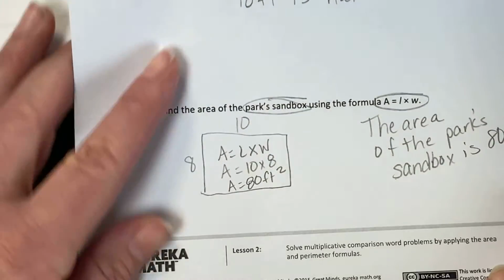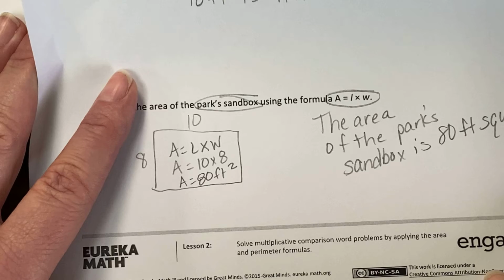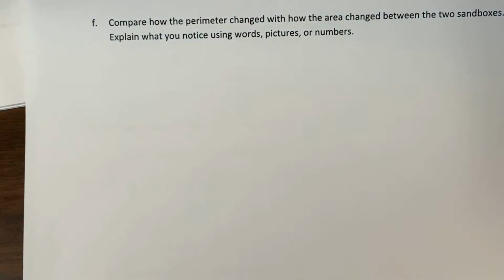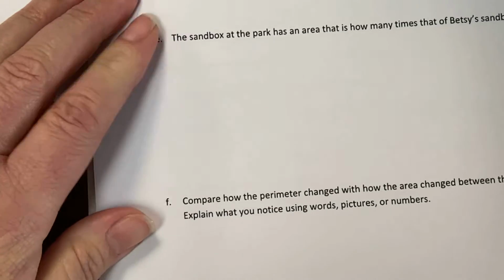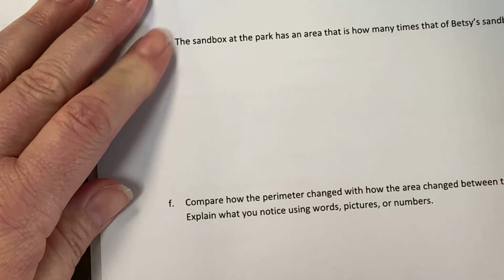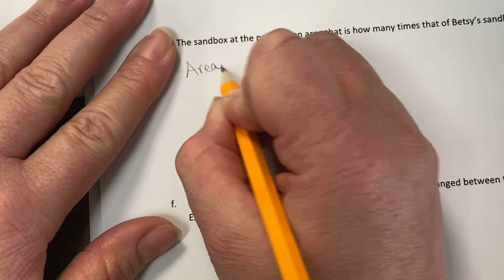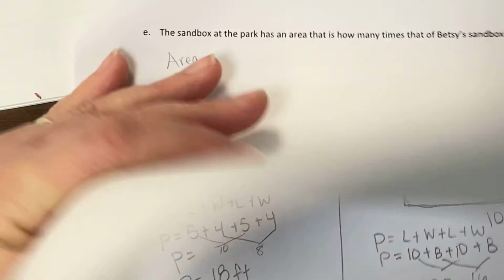And remember, our objective is to solve multiplication comparison word problems by applying the area and the perimeter formulas. We're not finished with this problem, however. The sandbox at the park has an area that is how many times of Betsy's sandbox? So we are going to have to find the area of Betsy's. Oh, I think we were given that, actually. Yep, it was 20.